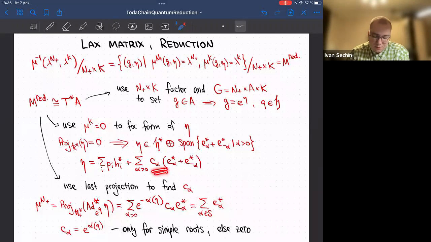And here we have coefficients C alpha for any root. The last projection fixes these C alphas. We calculate the projection after the adjoint with a diagonal matrix and obtain just coefficients, which is in Toda Lax.